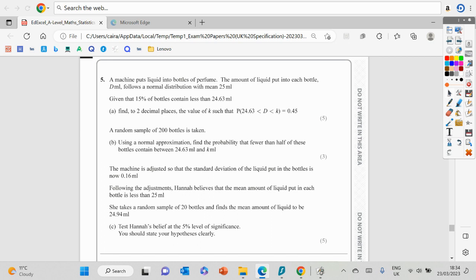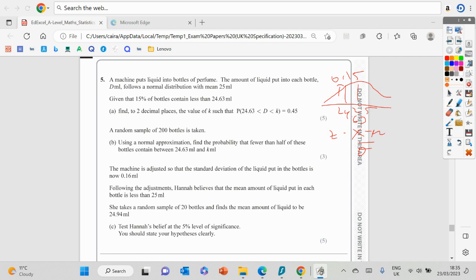A lot of information to take in, but we're going to standardize this, aren't we? So let's draw a little diagram. Mean 25, 24.63 is about there, and we know that probability is 0.15. All we're going to do is standardize it. So Z is X minus mu over sigma, that little coding formula.